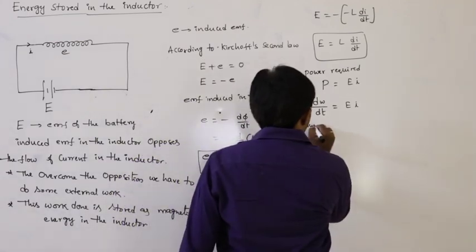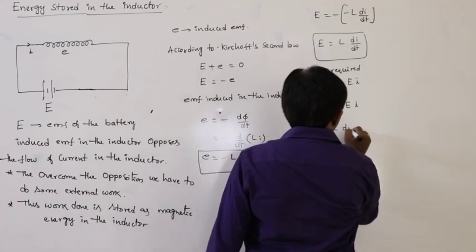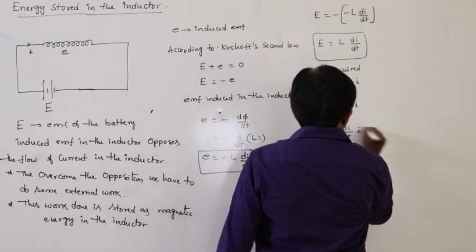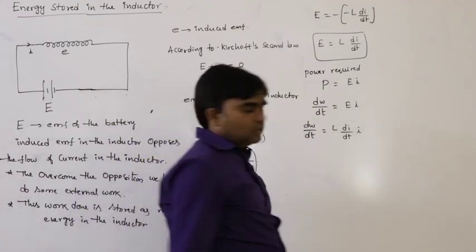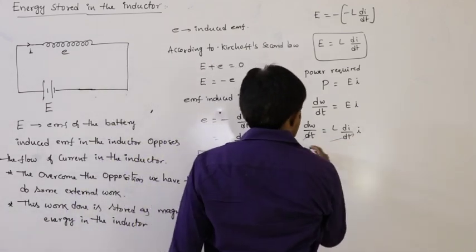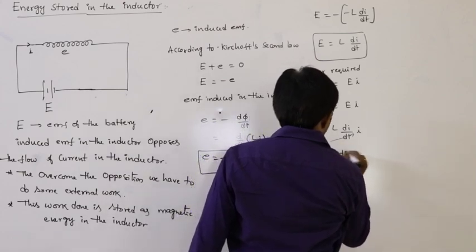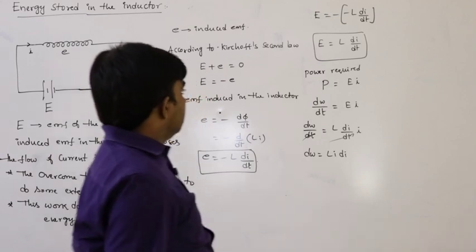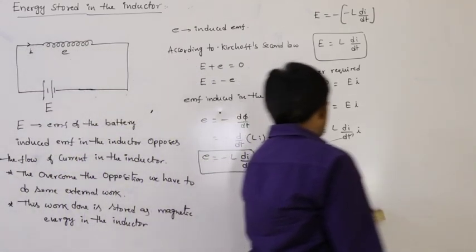So dW by dt is equal to, what is the E value? L into di by dt into I. So dt cancels, and dW can be written as L i di.